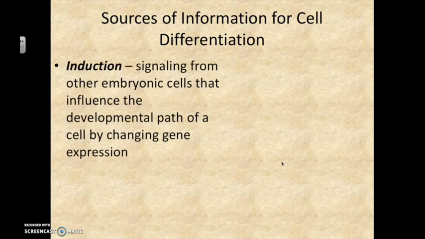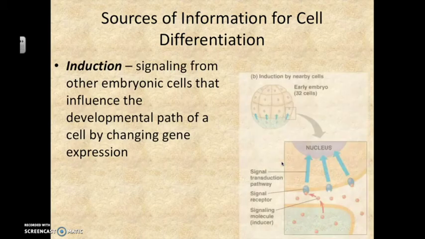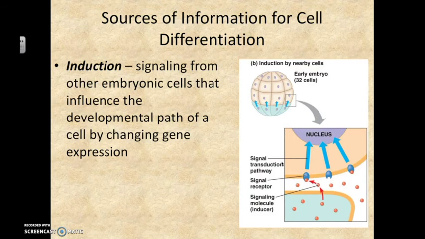Another source of information is induction. So this has to do with signaling from other embryonic cells. This is not information from prior to fertilization and development, and it's not information from the outside. This is information from one embryonic cell that's influencing the development of another embryonic cell.